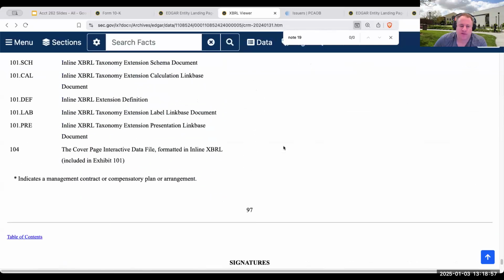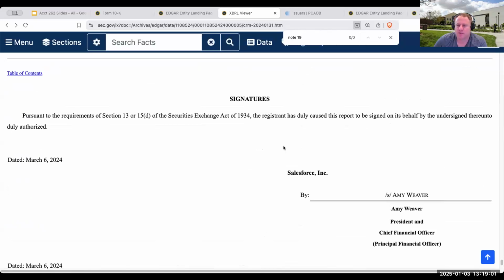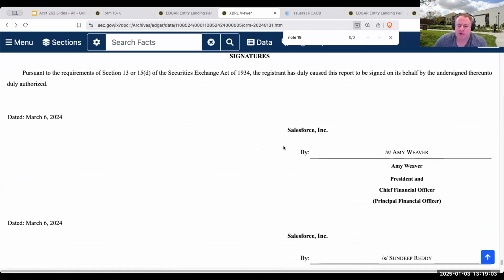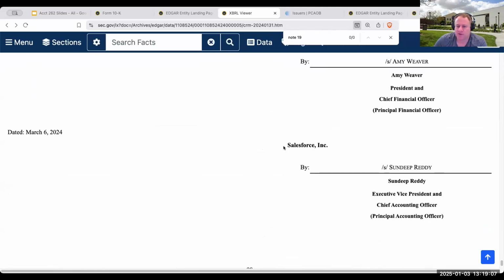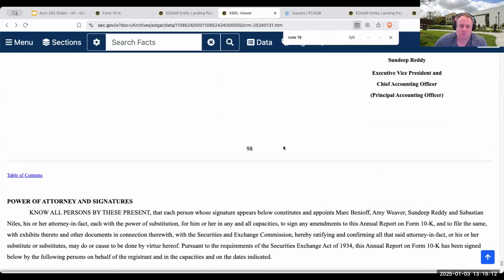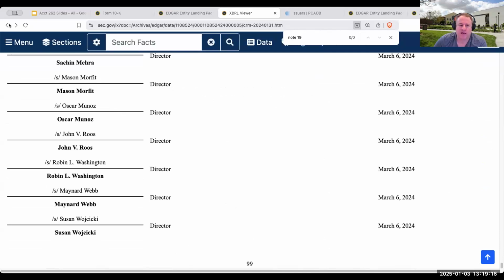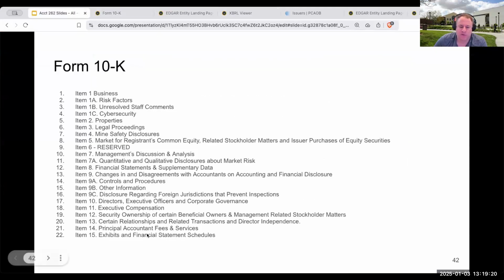All these different exhibits, and then you've got the signatures by Salesforce: Amy Weaver, President and CFO, and Sandeep, EVP and Chief Accounting Officer. And then you've got all the signatures over here because it is, in fact, a 10-K. So that goes through and shows you the different parts.